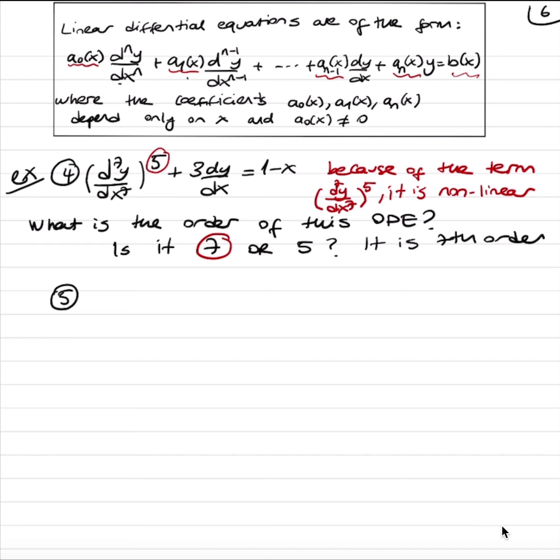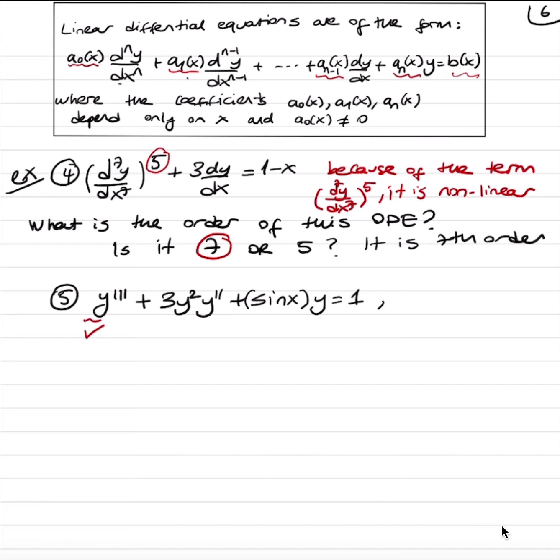Great. Let's look at another example. This time we have the third derivative plus 3y squared y double prime plus sine x y is equal to 1. What about this one? Is it linear or nonlinear? We check out the coefficients.